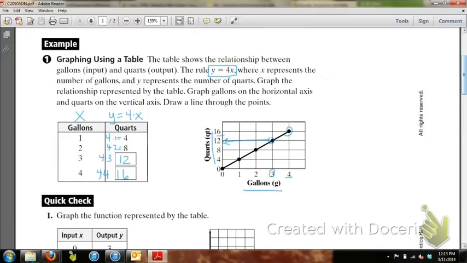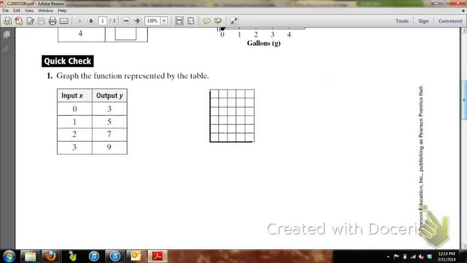Okay, so now in quick check number 1, they gave you a table. You just have to plot the points. So just label your input goes on the bottom. So you're going to say input, that's your x, output, that's your y, and just label your numbers. Here's 0, 1, 2, 3.